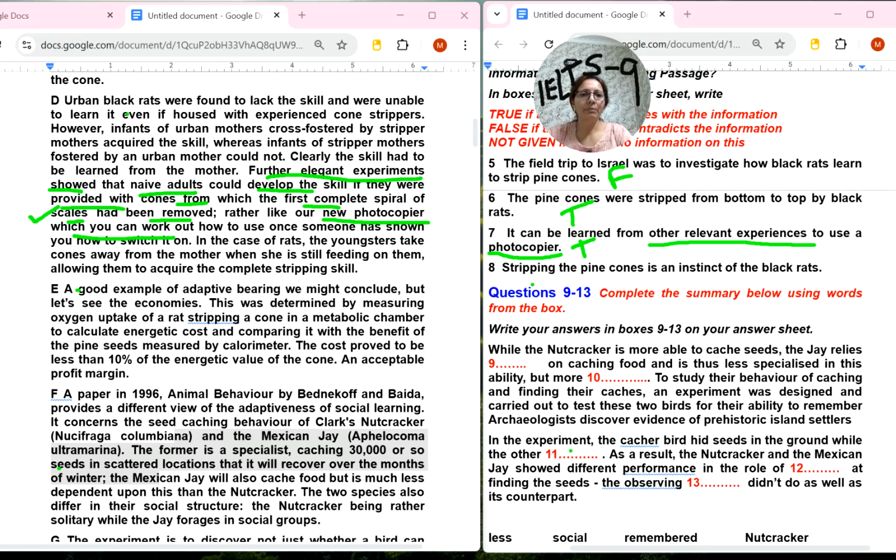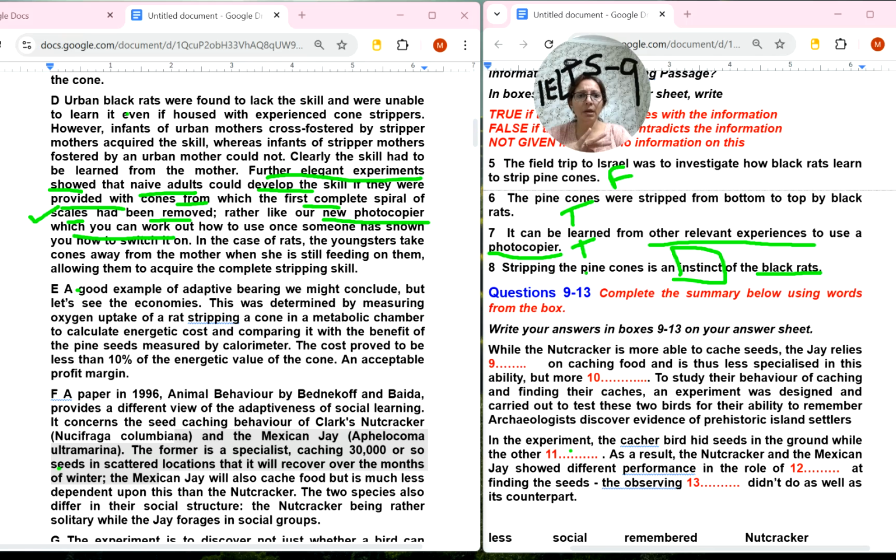Eighth number, stripping the pine cones is an instinct of the black rats. Now, if you do not know the meaning of this word instinct, then you have to just guess. Instinct is from inside of the black rats. If it is inside the black rats, meaning to learn something, then it will be true. And if they are learning it from somewhere else, then maybe.